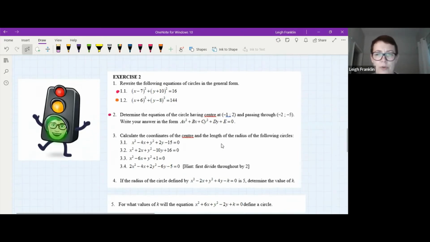Maybe what I should do is let you guys try one of these and the purple one, and then we'll talk about the answers. I just don't want to stop anybody from being able to work ahead if you wanted to, but I don't want you to feel overwhelmed by what's here on the screen. But yes, what I'd like you to do is either 1.1 or 1.2.